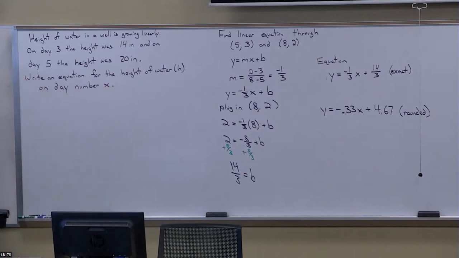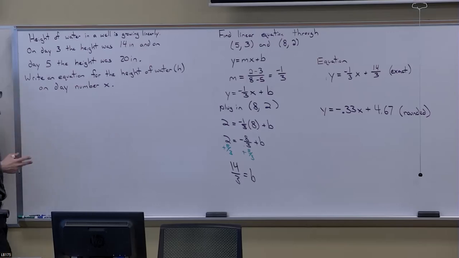I don't want to use D because that can look like something else. Put a D though if you want. On day D. Day number D. Whatever letter you want, you can use, obviously.